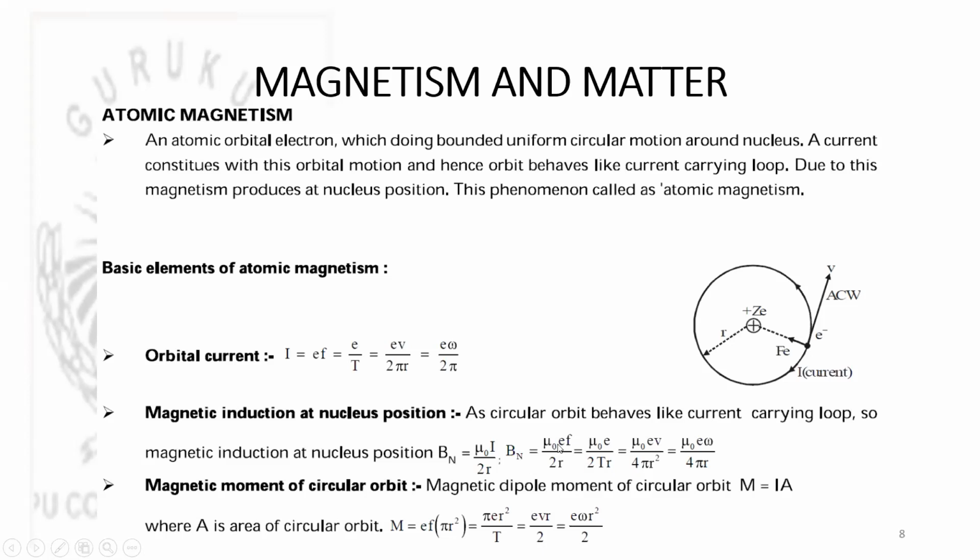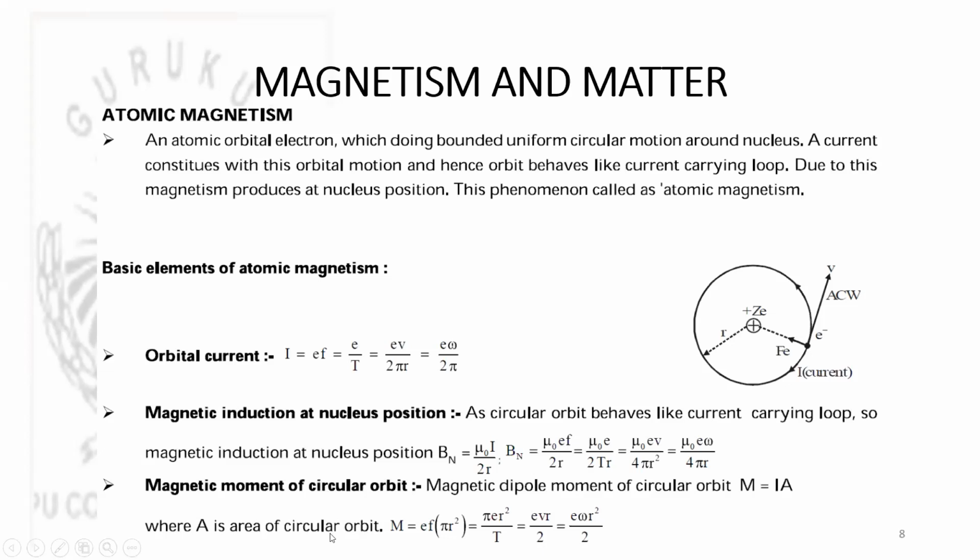Bn is equal to mu naught e f divided by 2r. It is also equal to mu naught e divided by 2 T r, it is also equal to mu naught e v by 4 pi r square. It is also equal to mu naught e omega divided by 4 pi r. Then the magnetic moment of the circular orbit is a product of the current produced due to the orbital motion and the area of the loop.